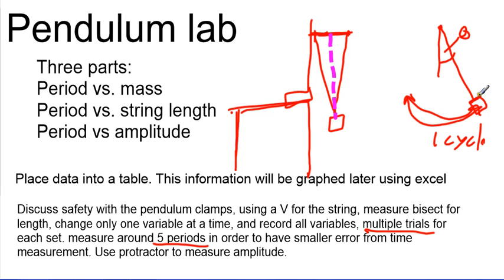And the time it takes to do that is 1 period. To reduce your error, you want to allow it to move back and forth, back and forth, back and forth, a total of 5 times, so that you can have a smaller percent error, because you're going to be measuring the time with timers that you're doing this by hand. And that's how you want to reduce your error.